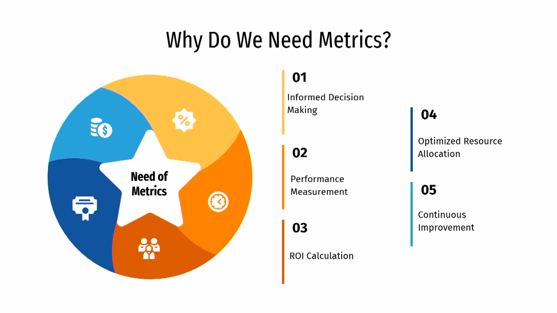Last one is that metrics help us in continuous improvement of the business process. Because of the existence of the metrics, we understand the cause and effect relationship among different variables. We understand which variable is underperforming. Let us say market share is underperforming, market share is decreasing.